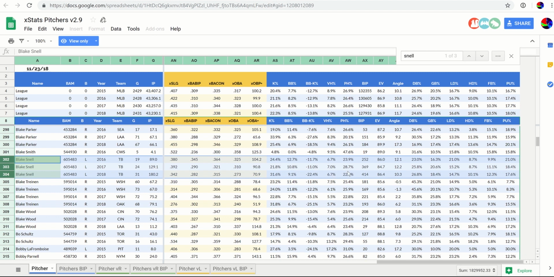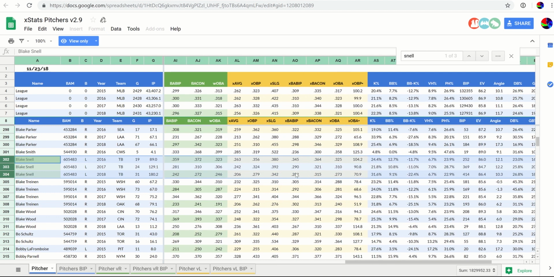And so that makes me a little suspect again about the very low BABIP, because when we look at his BABIP in previous years, .281, .290, we'd expect something more around that number than what we had last year.